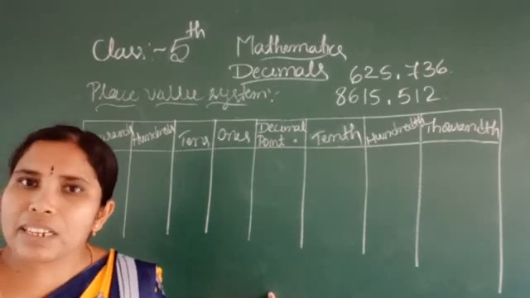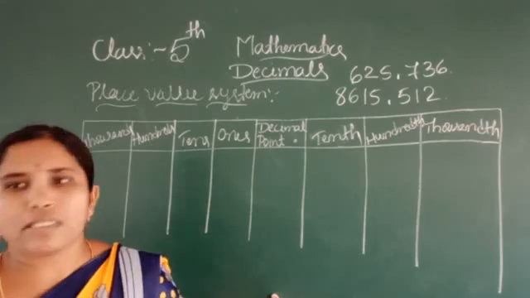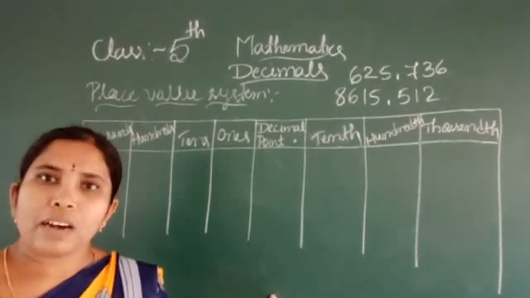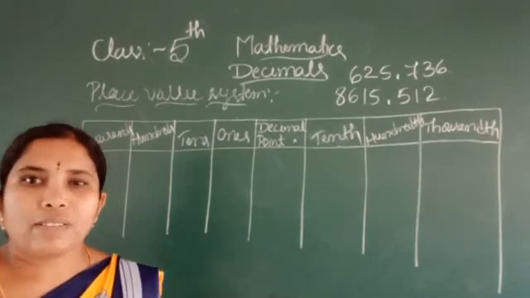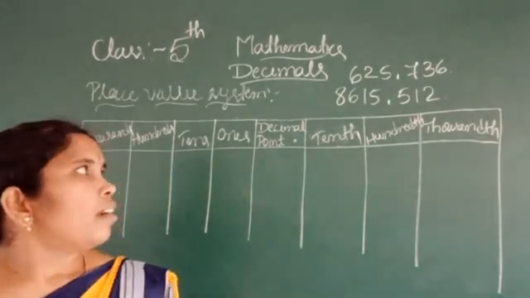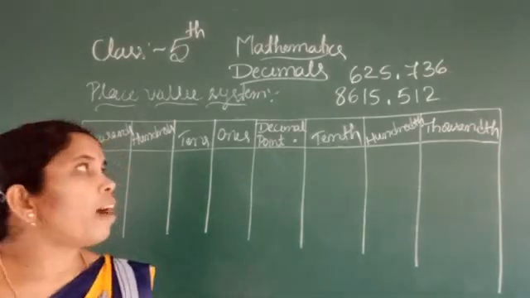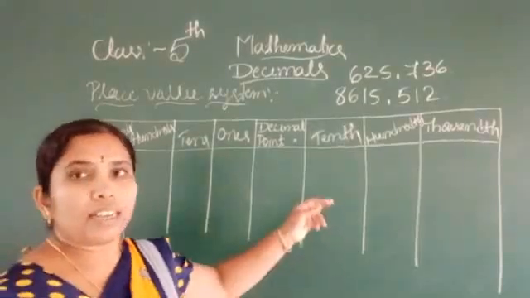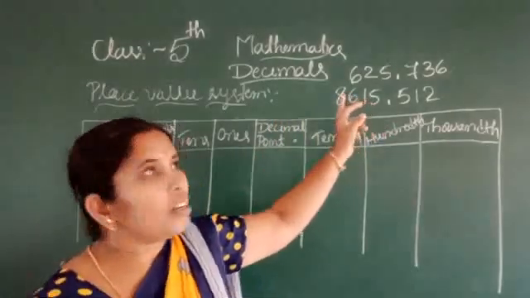How to represent this? Represent yourself. Do you understand what I am explaining? Observe carefully. 8615.512. See, read it as... It is very important.